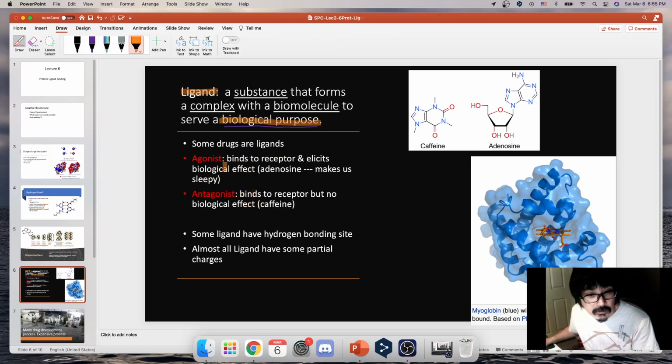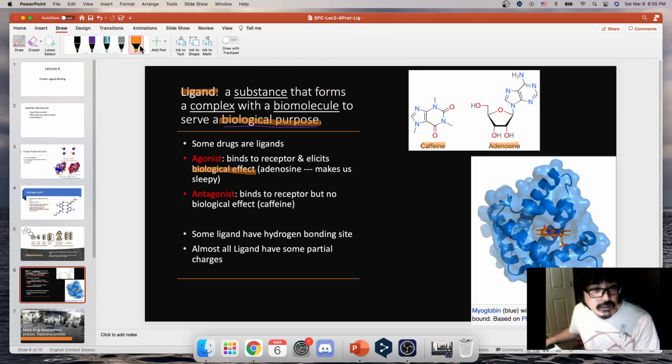The one is called agonist, which binds and then causes a biological effect. For example, adenosine right here makes us sleepy. And antagonist is the one that binds to the receptor but doesn't have the biological effect. So that is caffeine right here. They bind to exactly the same spot.